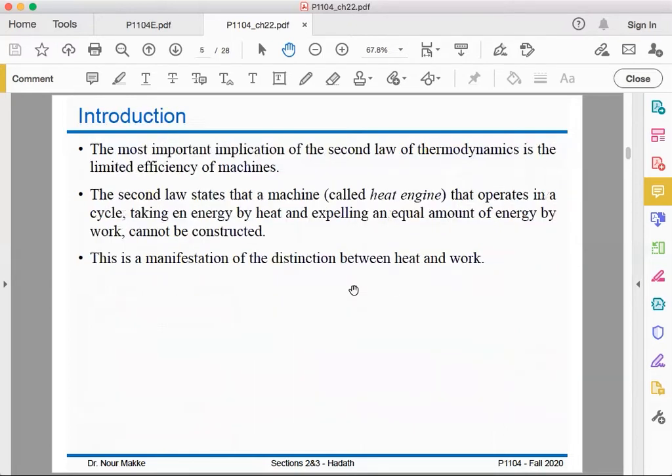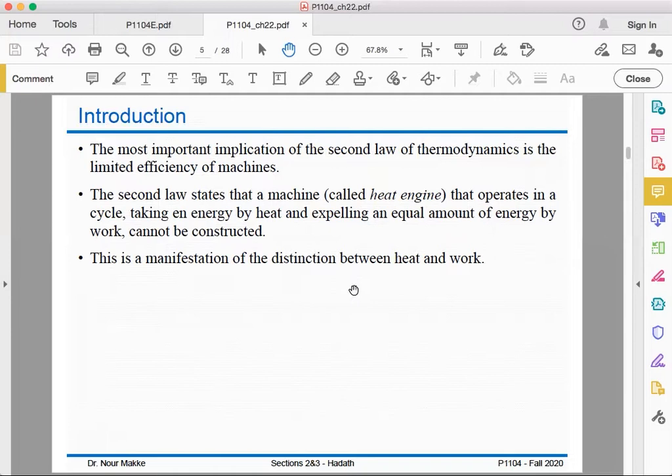And the most important implication of the second law of thermodynamics is the limited efficiency of machines. So here I want to go back to the point on the first slide when I said that the first law of thermodynamics does not distinguish between the heat and the work. And this is not correct.